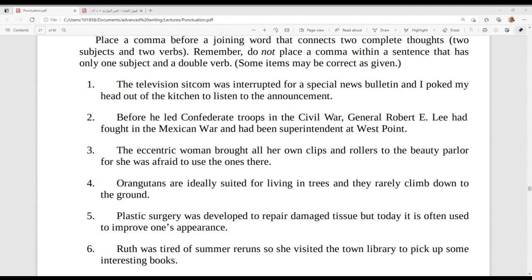Here the use of comma is optional. Before for here we have to use a comma. It is not optional here. It's obligatory because these are two complete thoughts.